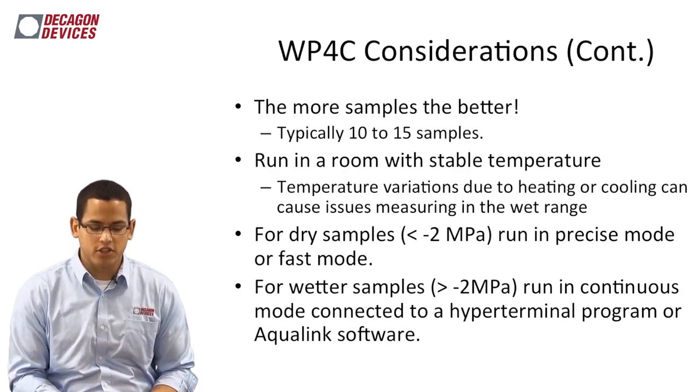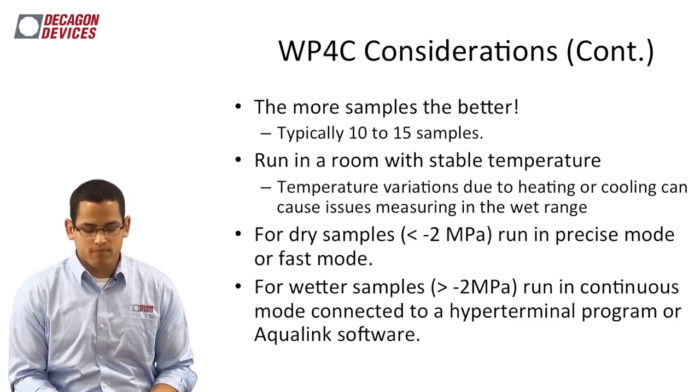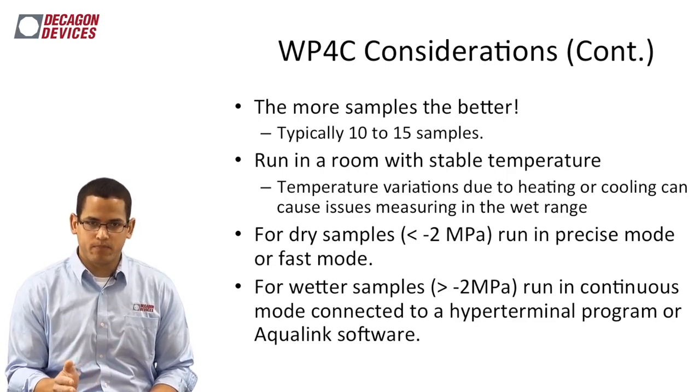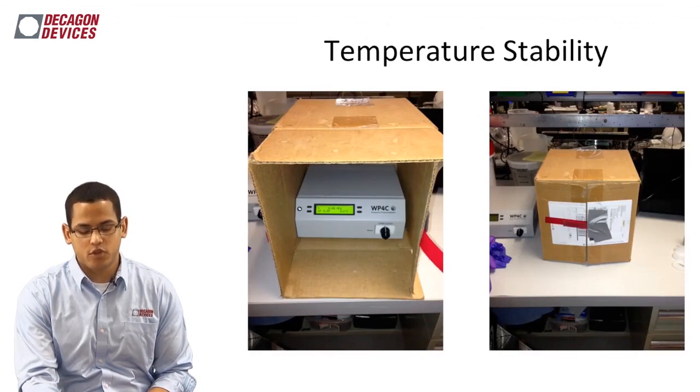You'll be looking at the outputs from the WP4C and look for a continuous output of the same water potential value within a small amount. And this will give you an indicator that you've reached equilibrium within the sample temperature and you have stable conditions within the sample chamber.